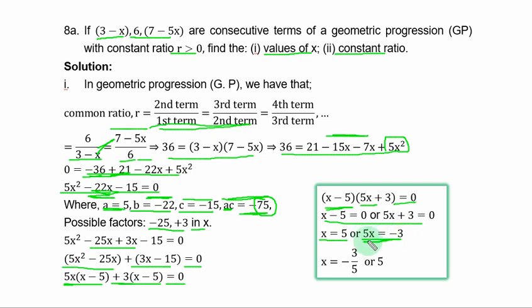If you divide the second linear equation through by 5, you have s equal to minus 3 over 5. Writing the smaller number first, you have s equal to minus 3 over 5 or 5. So we have two values for s.